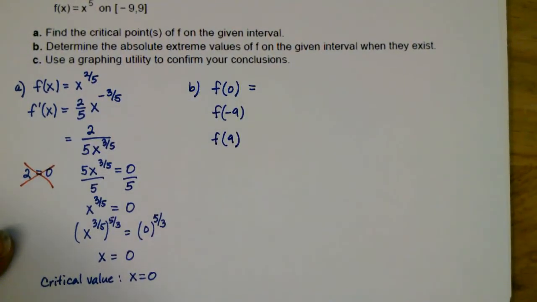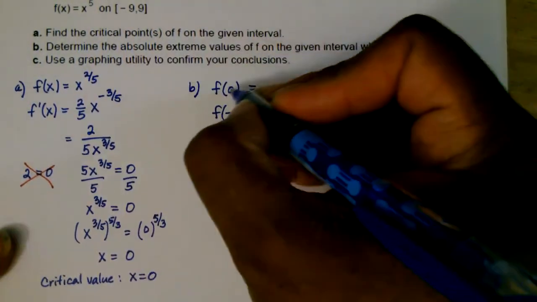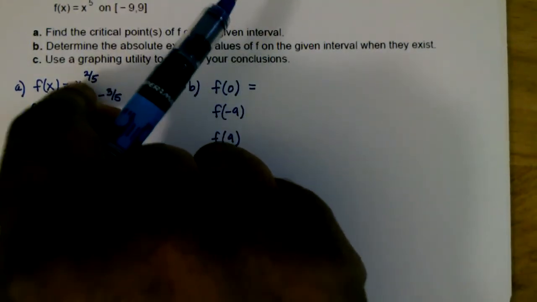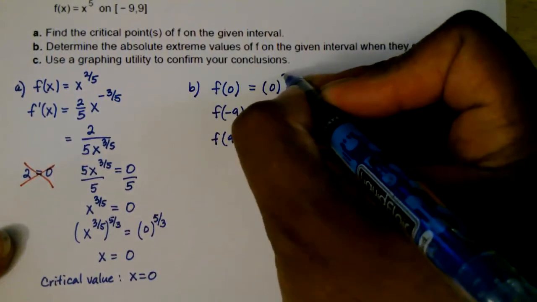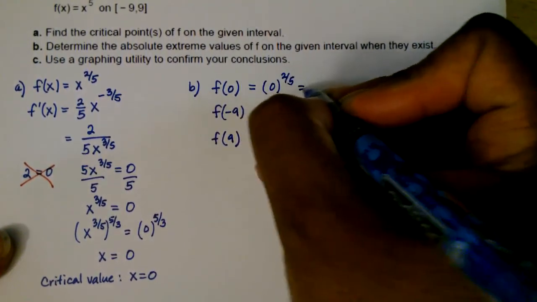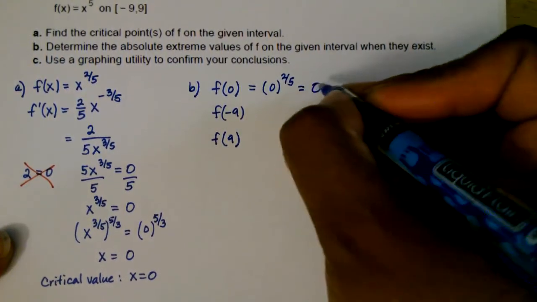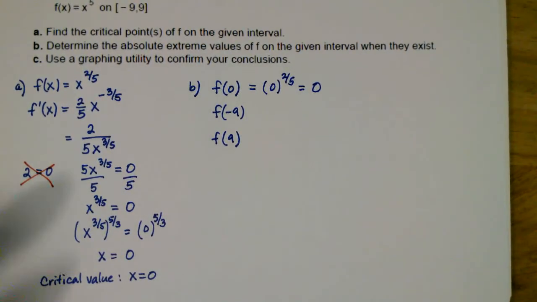Well, in this case, for f of 0, we substitute the x with 0 in the original function that we started off with. That means it's going to be 0 to the 2/5. If you do this in the calculator, it's going to be 0, because the 5th root of 0 is 0, and 0 squared is 0.